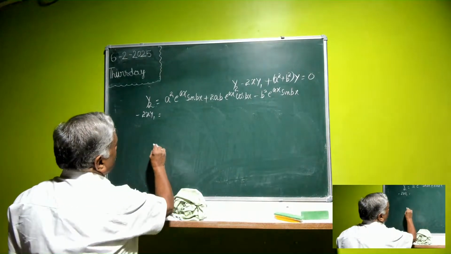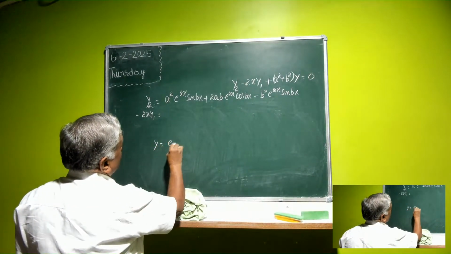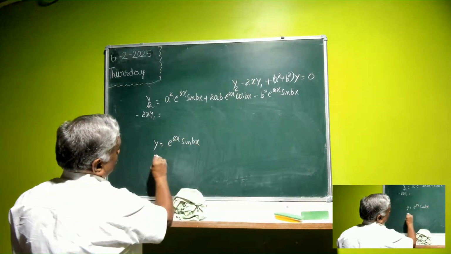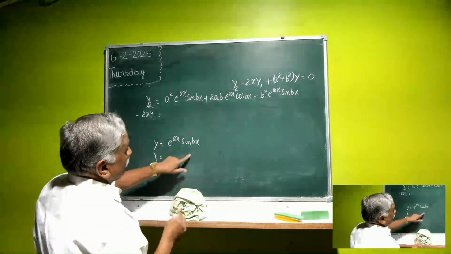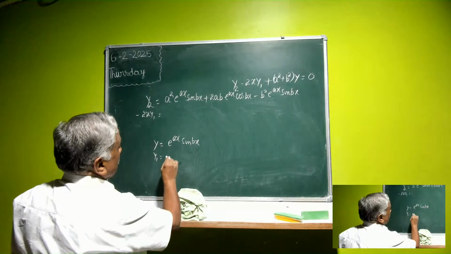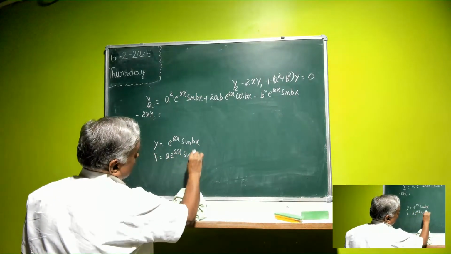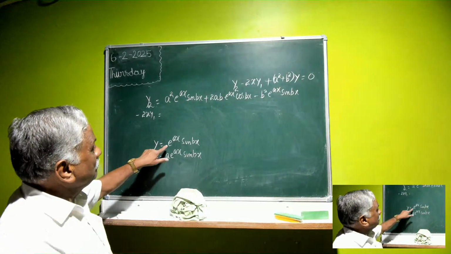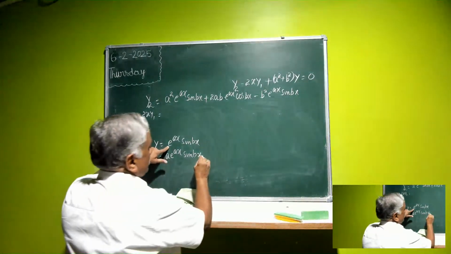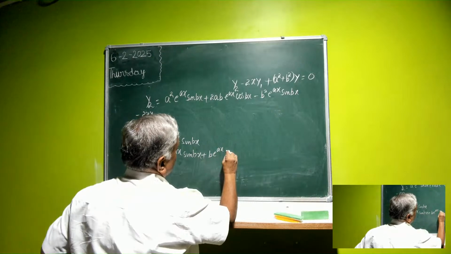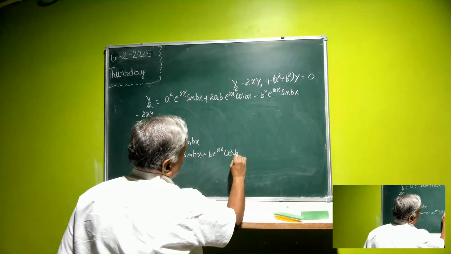What was the problem given? y is equal to e power ax sin bx. What was y1? You keep sin bx as it is, you get a e power ax sin bx, and keep this as it is, plus b e power ax cos bx.